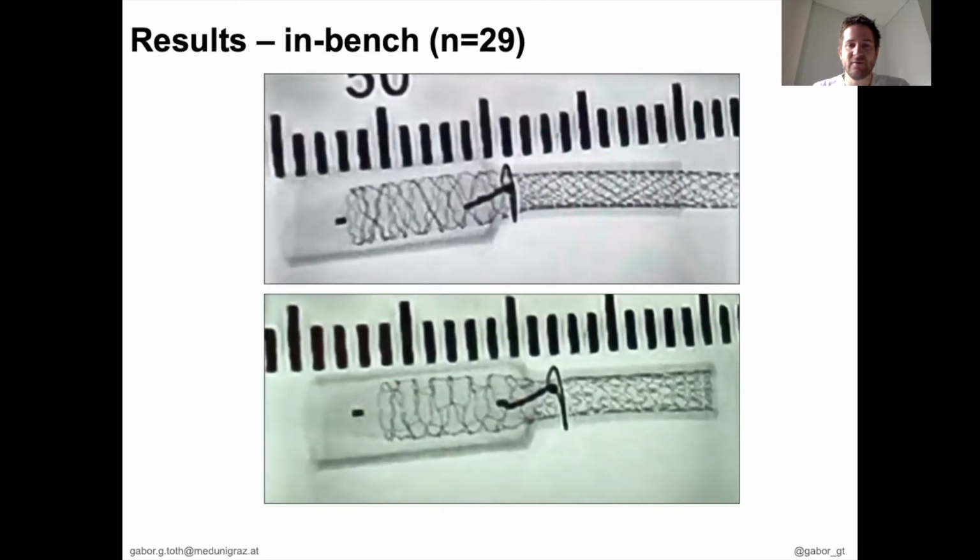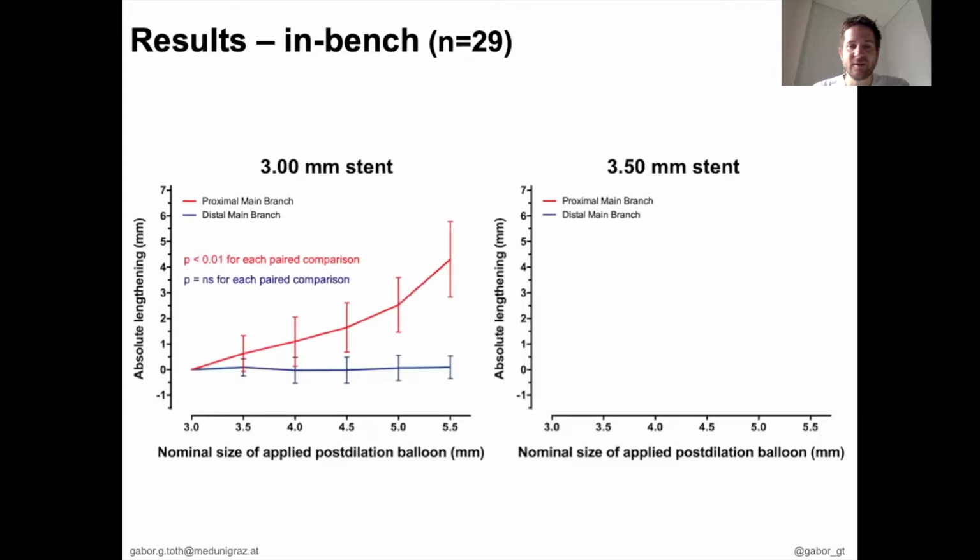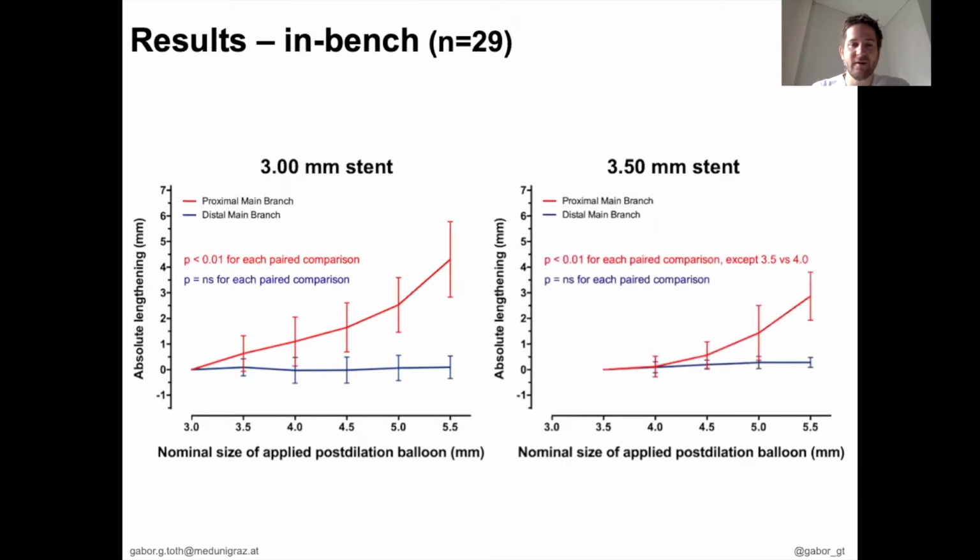stent instead of shortening. Detailed analysis showed that each step of POT resulted in significant lengthening of the stent length in the proximal main branch segment, shown by the red line, for the 3.0 as well as for the 3.5 stent platform, with no change in the distal main branch stent segment, shown by the blue line, suggesting that this is a real absolute lengthening of the stent, not just a slipping movement or dislodgement within the vessel model.